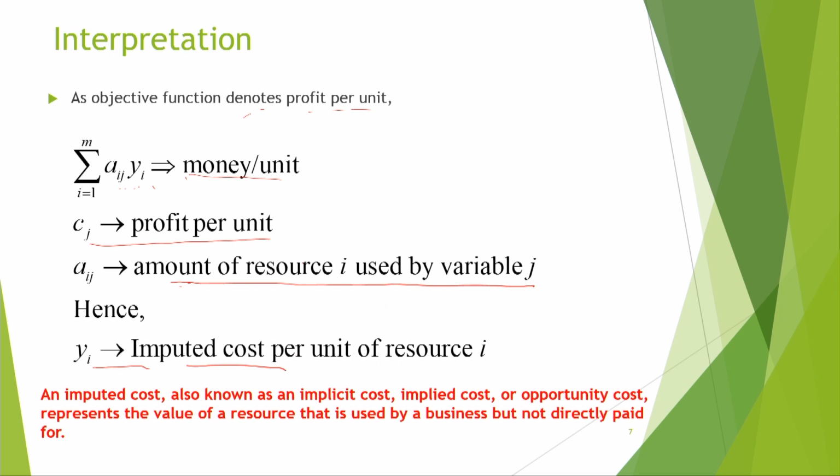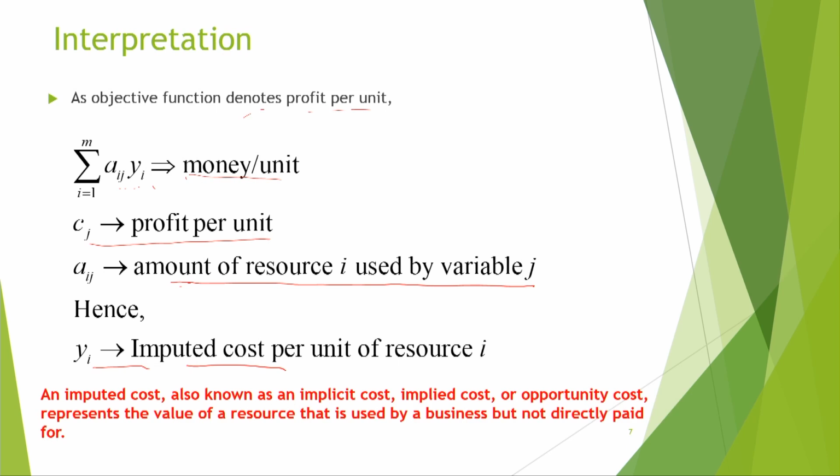We may not be paying that cost physically. That means the businessman may not be paying that cost, but he is understanding that point. So it is called imputed cost per unit of resource i. So yi is also called the unit worth of a resource, or the imputed cost. What is imputed cost? This terminology comes from finance.